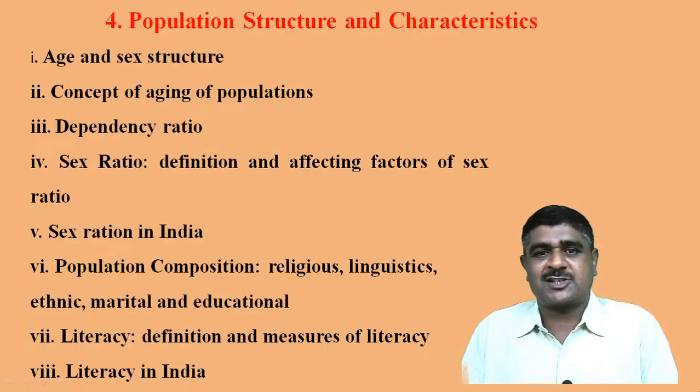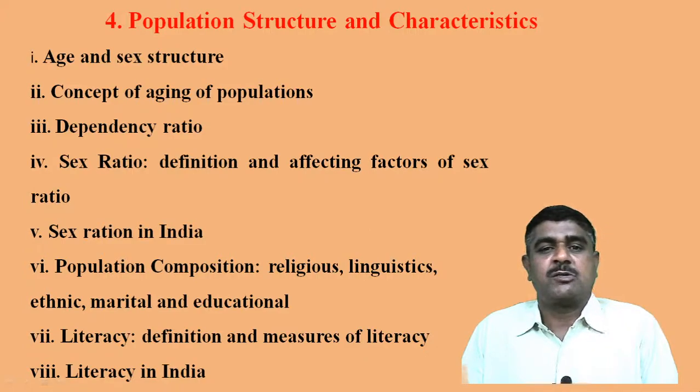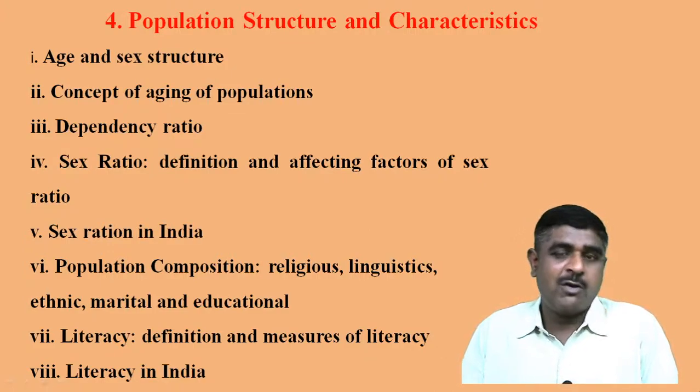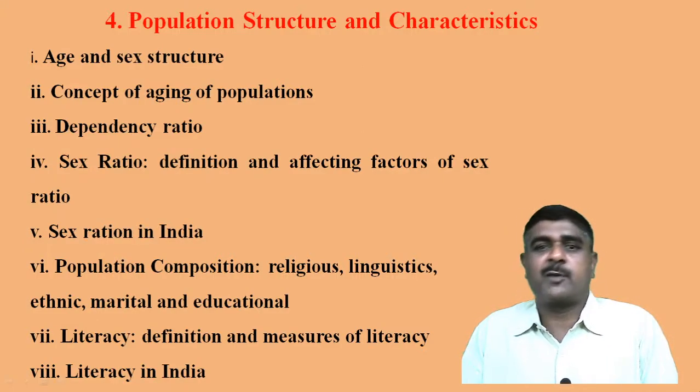Age and sex structure of the population means how the distribution of age and sex of the people in a nation differs according to continent and country, and how this distribution has its own impact on the economy of the nation.